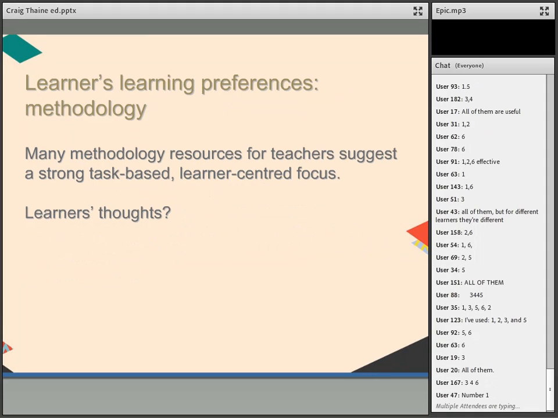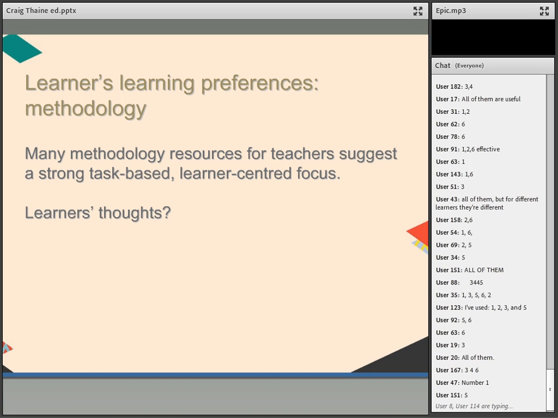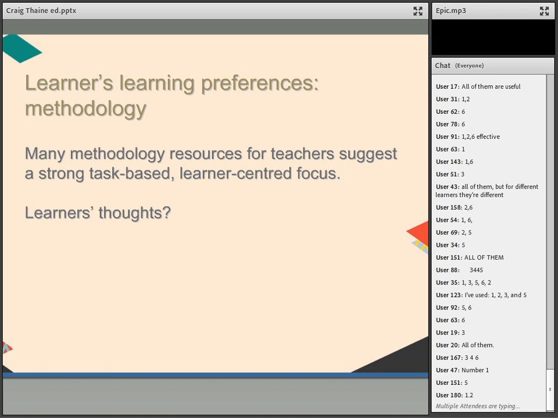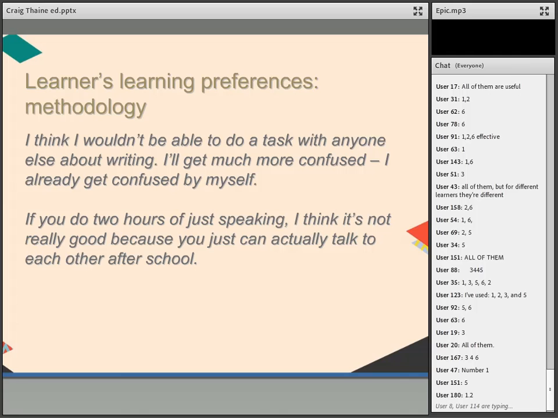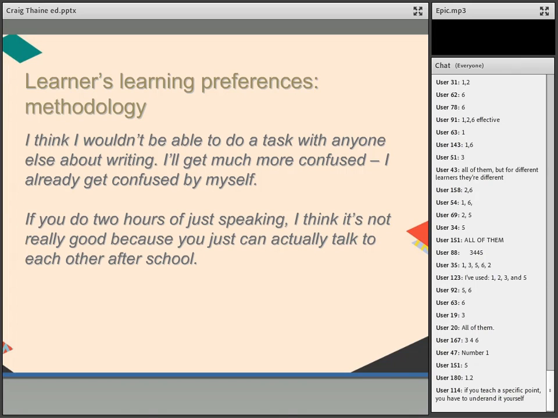So I asked for learners' thoughts on these because a lot of these ideas, the methodology of these resources, suggest a strong task-based learner-centered focus with advanced level learners. So I asked them how they felt about this kind of activity. And I have to say that the learners I spoke to weren't that keen on a lot of these activities.